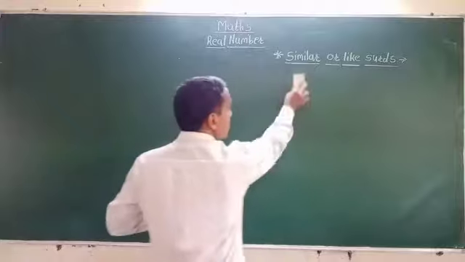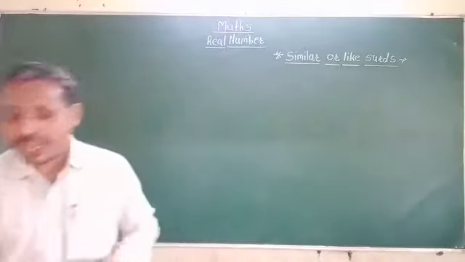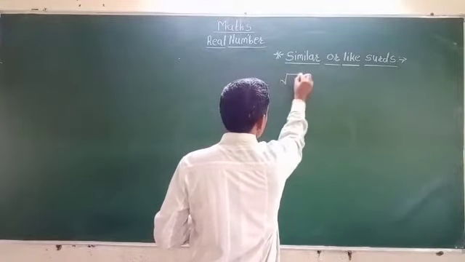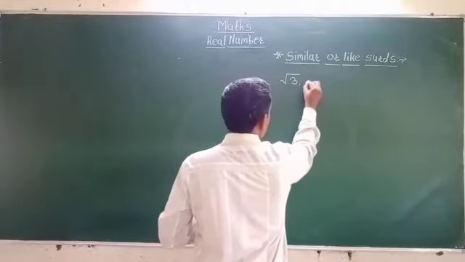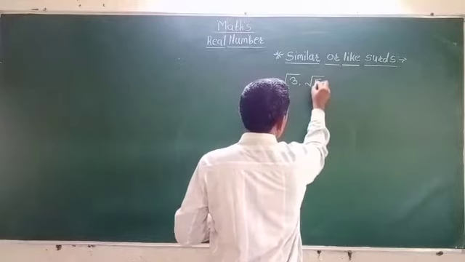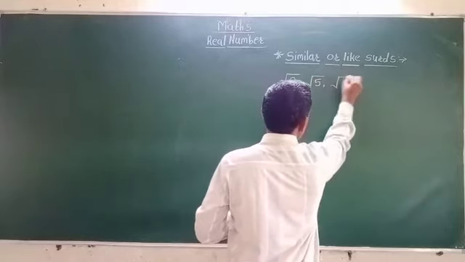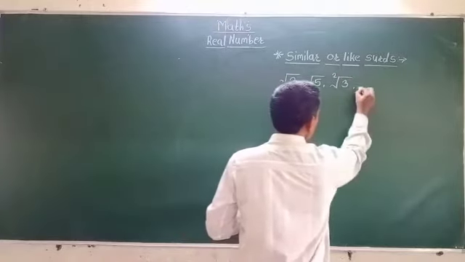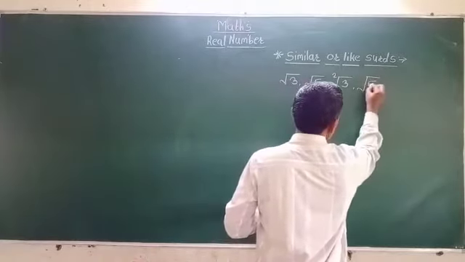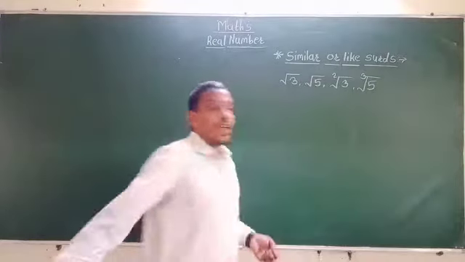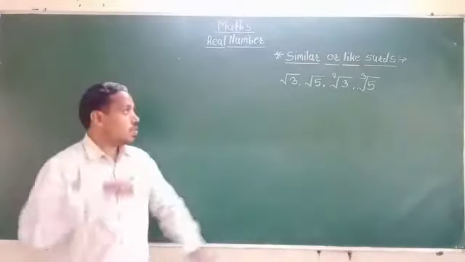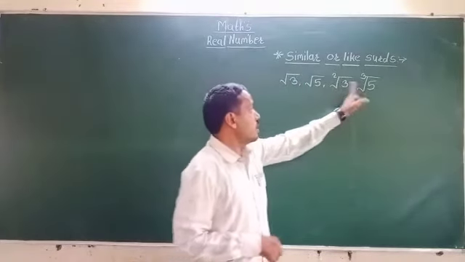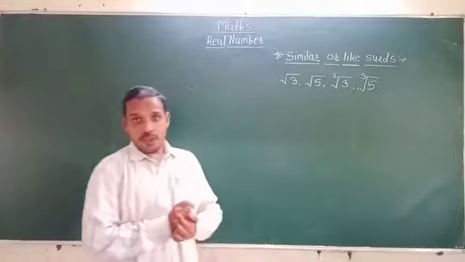In surds, the important part is the radicand. We get different surds: surd 3, surd 5, surd 3, and surd 5.